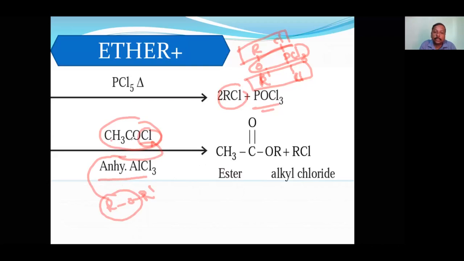So CH3COOR, this is ester formation. Again, you will study almost everything in organic 2 times: one is properties, another is preparation method. So in the ester preparation method, a simple haloalkane will also be formed.